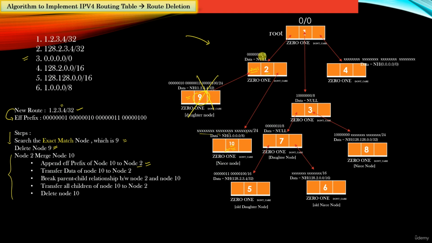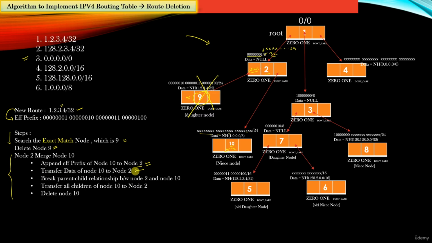So the effective prefix of node 2 would become the prefix it already has, appended by 24 don't care bits. Since you are merging 24 don't care bits into the effective prefix of node 2, the prefix length of node 2 becomes 8 plus 24, which is 32. So the effective prefix of node 2 is 7 times 0, then 1, and then 24 times don't care bits.